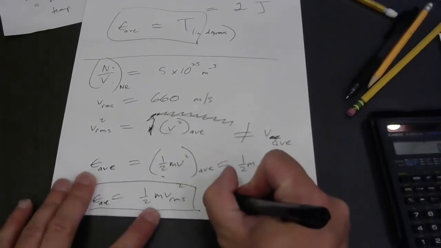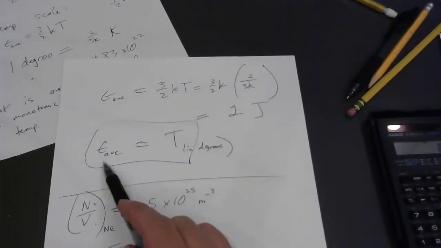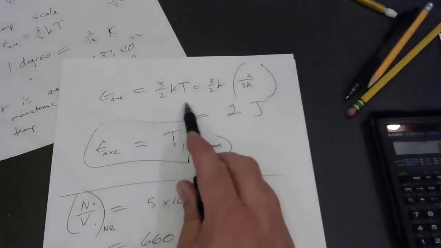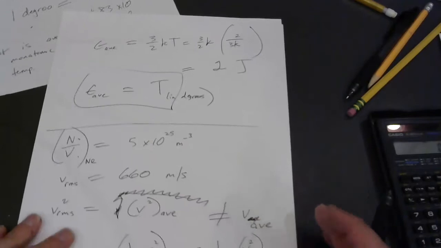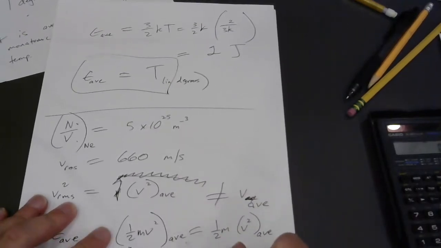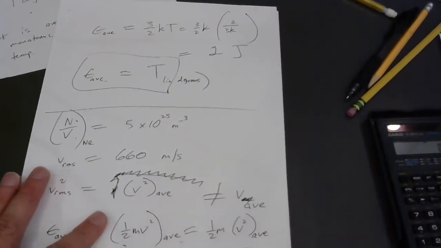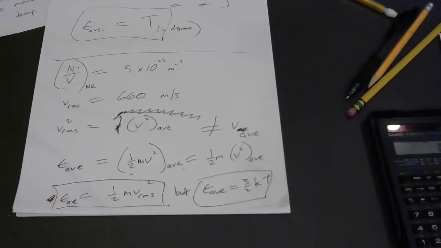But we also have this other relation that I was just discussing. The average energy is proportional to the temperature. And in the Kelvin scale, we go with 3/2 kT if we want to express epsilon in joules. So epsilon average is 3/2 kT. I think it'll help you navigate this chapter to just memorize both of these.